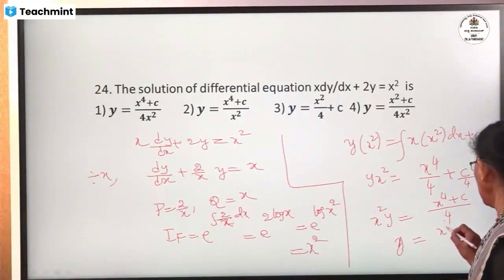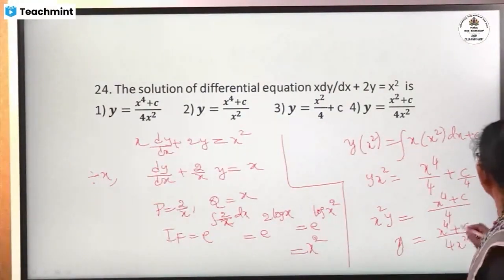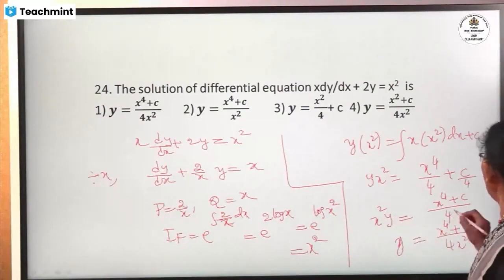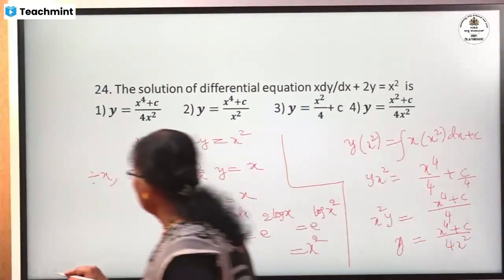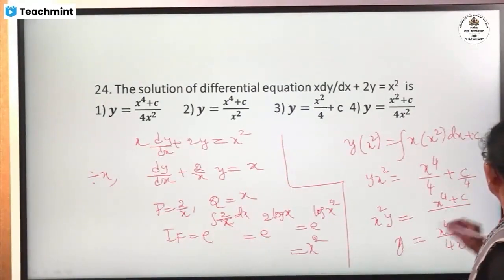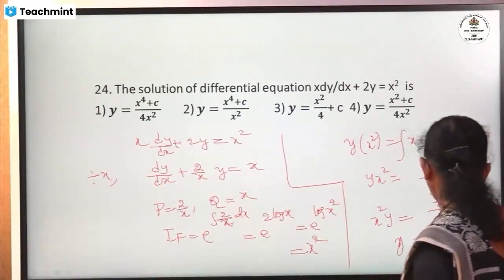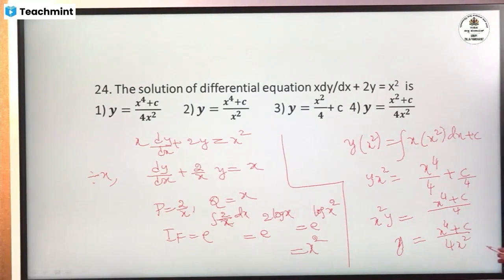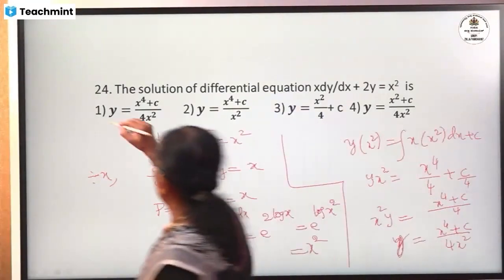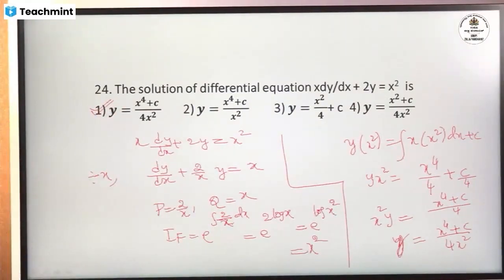Y is x power 4 plus c divided by 4x squared. This x squared comes here. So which is the answer? This is your y. Y is x power 4 plus c by 4x squared. That is the first option. So as I said, you have to conveniently choose the constant c.